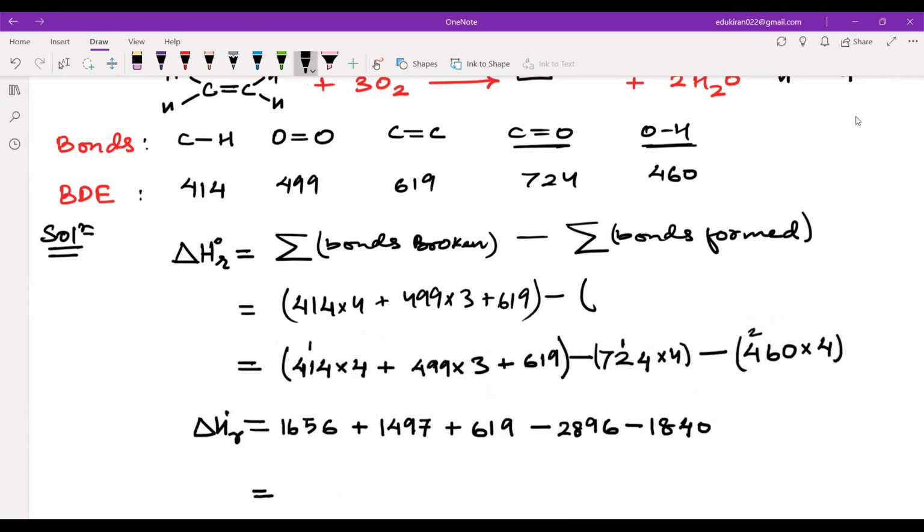Minus, then the summation of bond formed. 724 into 4 plus 460 into 4, है ना? Oh, okay, sir. Yeah, I made a mistake.